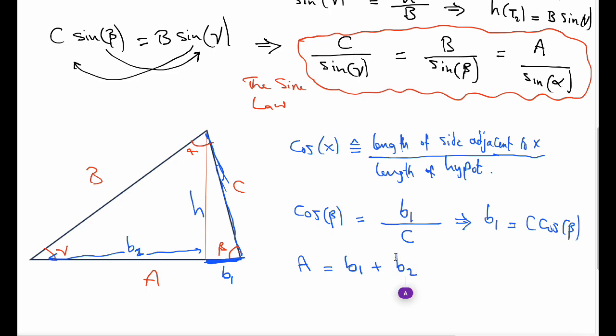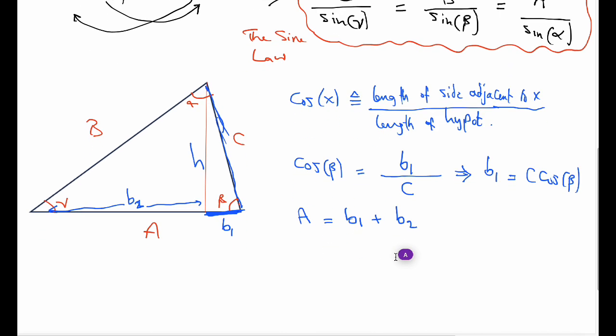Also, we have that C square is equal to h square plus B1 square. This is according to Pythagoras theorem.